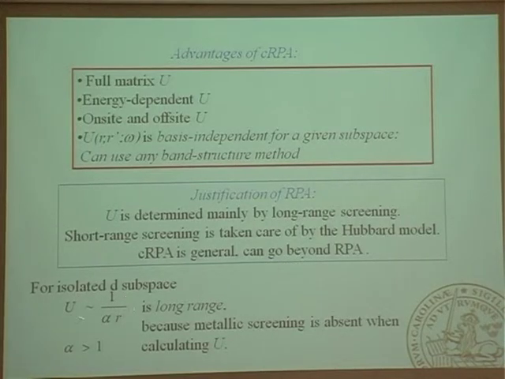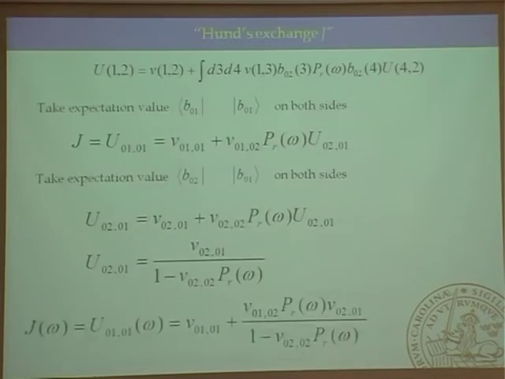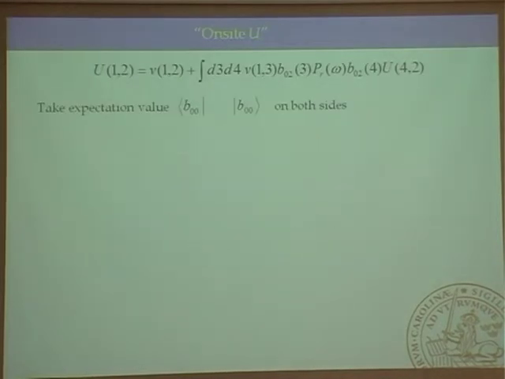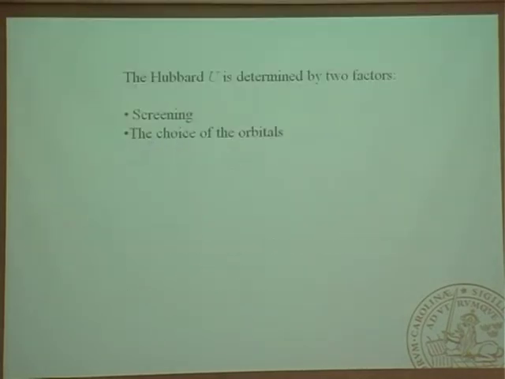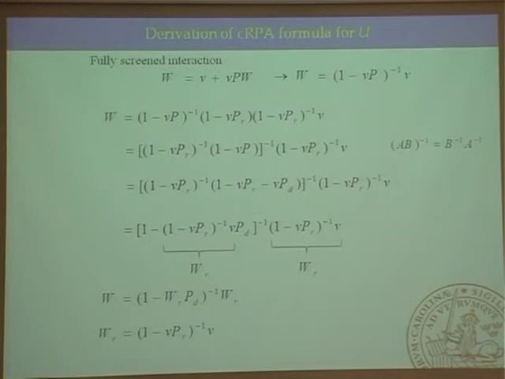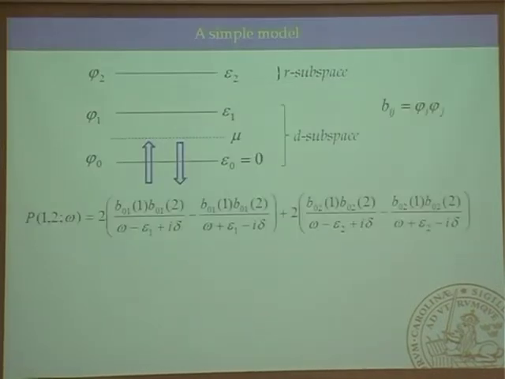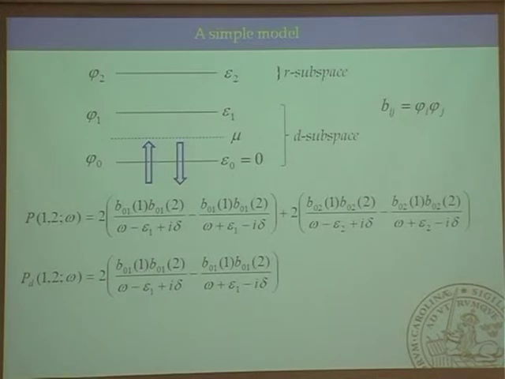And another remark is that if we have an isolated D subspace, where we really have a complete separation between the D and the R subspace, then the U should be long range, because we have removed the metallic screening from the PR. So the PR does not have any metallic screening. Let me see if I can show the picture again. Maybe I could just draw it here.